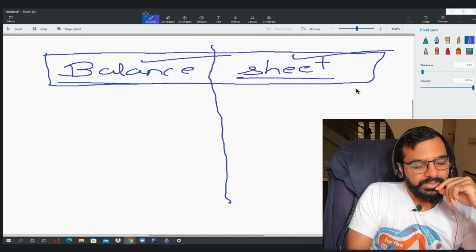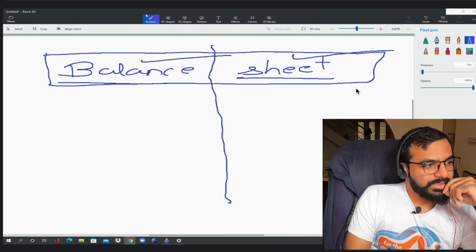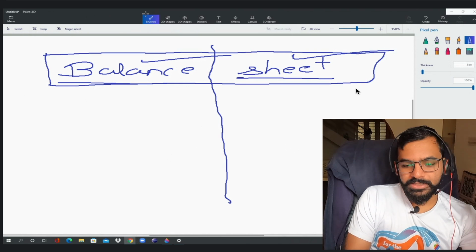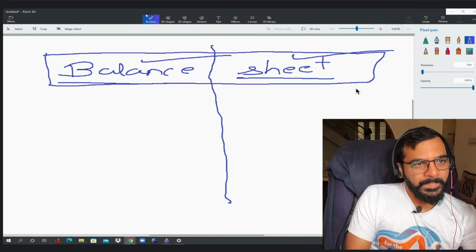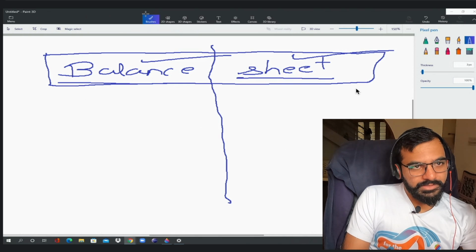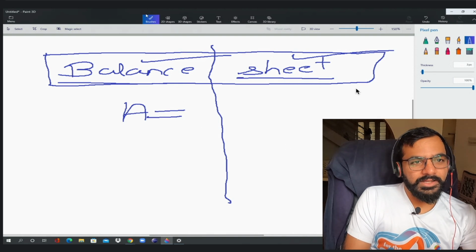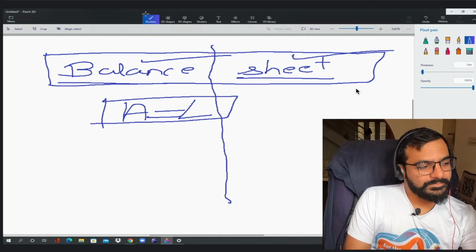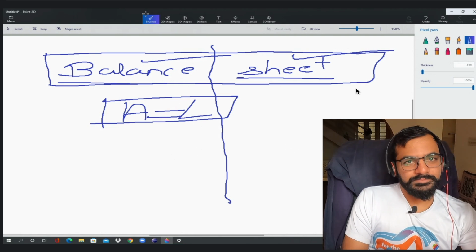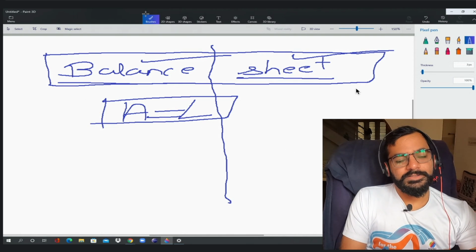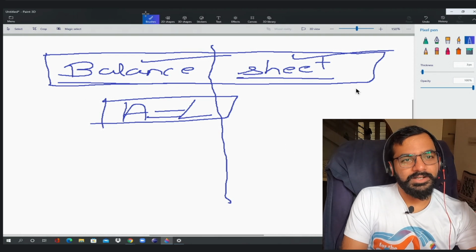One thing I remember, even Kishore and Tadaki had told me about this, that on websites like Money Control or Screener, assets and liabilities are equal. Right, Kishore? I was wrong here.